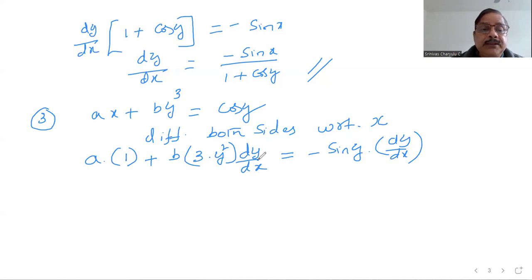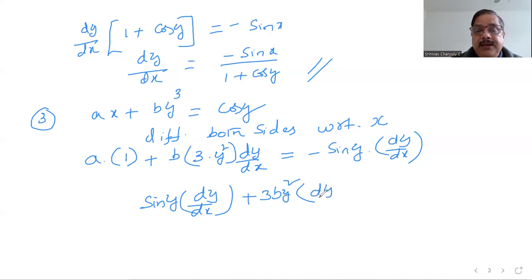Now we do one thing, we rearrange the dy by dx to one side, constant to other side. So we can retain a here or take a that side, bring this sin y here. So sin y dy by dx plus 3by square dy by dx is equal to minus a.